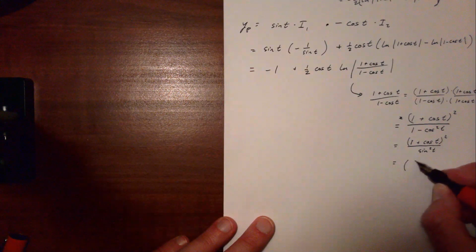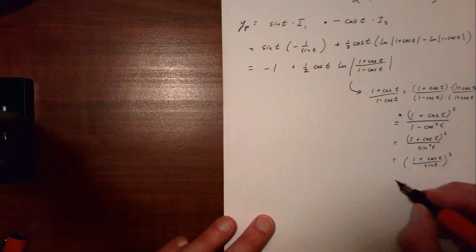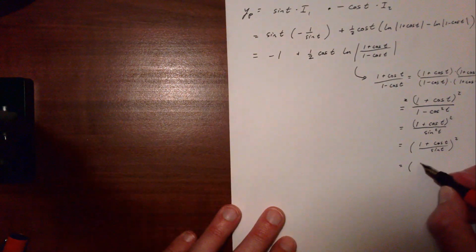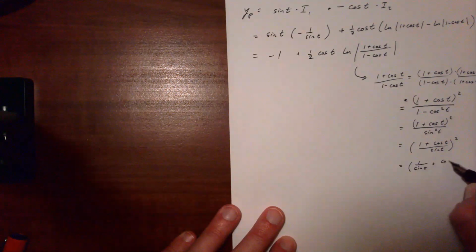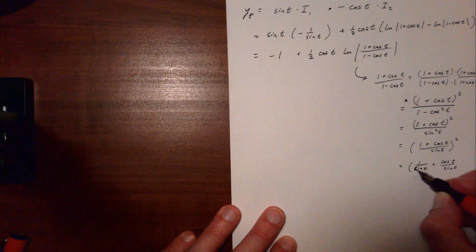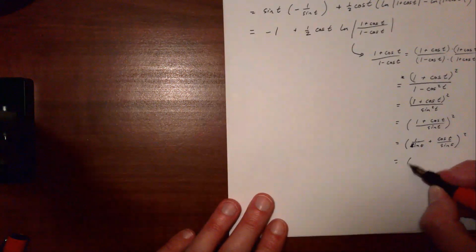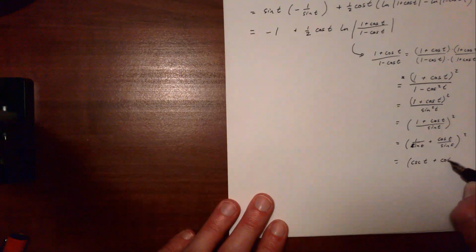And then that means I could rewrite this whole thing as 1 plus cosine t all over sine t, the whole thing squared, which I then in turn could rewrite as 1 over sine t plus cosine t over sine t, all squared, which in turn I can finally rewrite as cosecant of t plus cotangent of t, all squared.